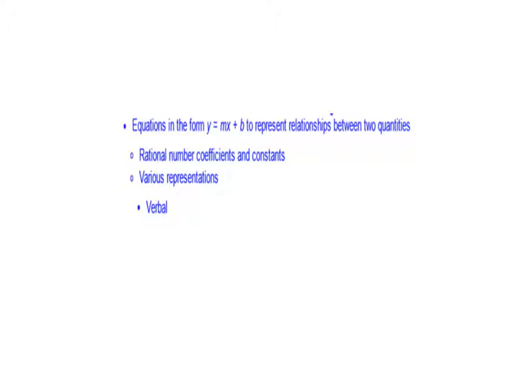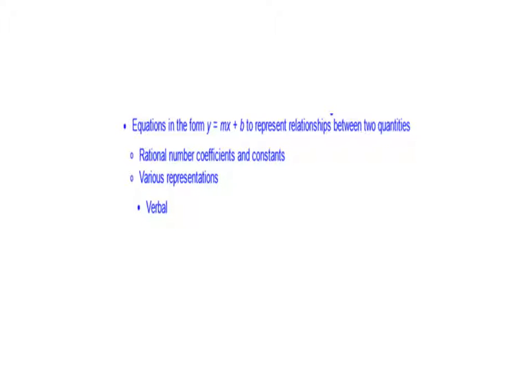So equations in the form of y equals mx plus b are used to represent a relationship between two quantities. We have any rational number coefficient and constants, and we use various representations. Verbal, which means we can use a sentence to describe it.